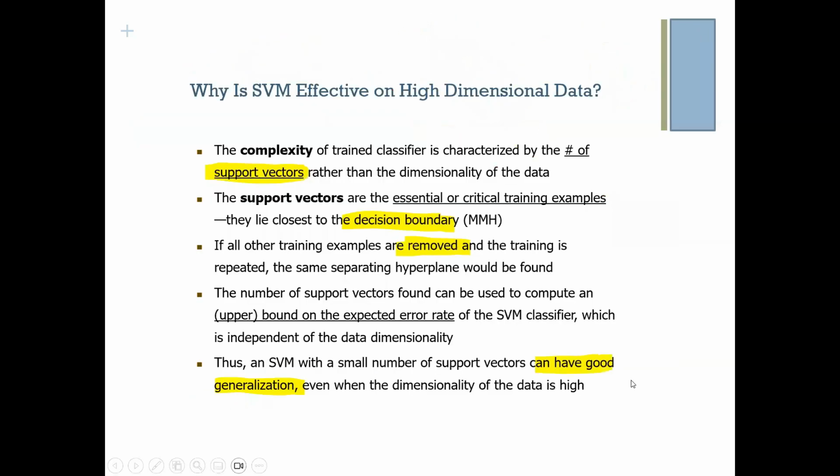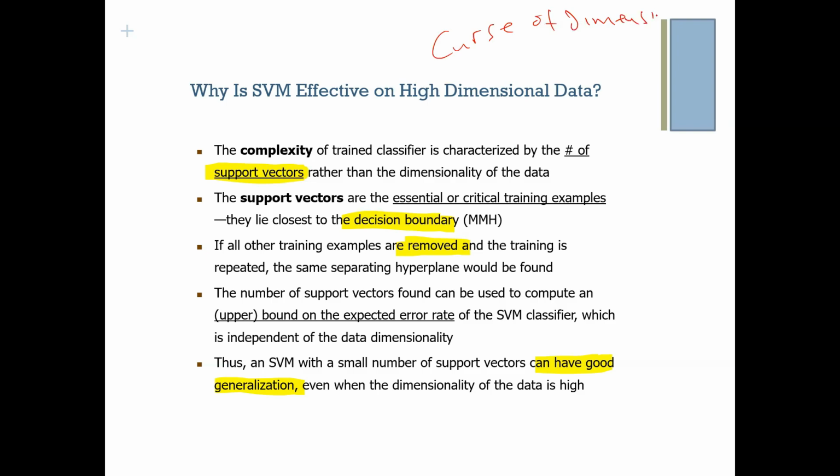And then a final brief clarification on why SVM is effective on higher dimensional data, because this is a very big issue in learning or data science. Higher dimensional data always leads to what we call the curse of dimensionality.